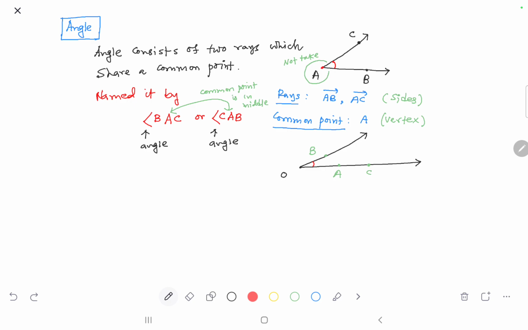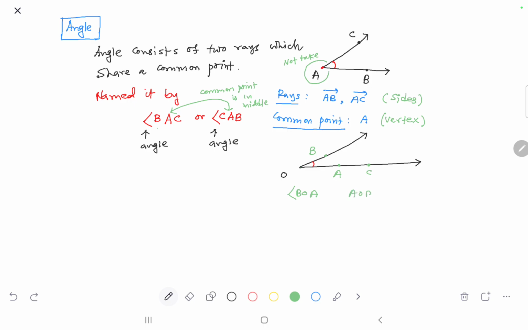There is OB. No, not OB. O you have to take in the middle. See how I put the name for this angle. Oh, sorry. BO and A, right? So this means from B to O to A. Then the angle symbol. Then another one could be AOB.